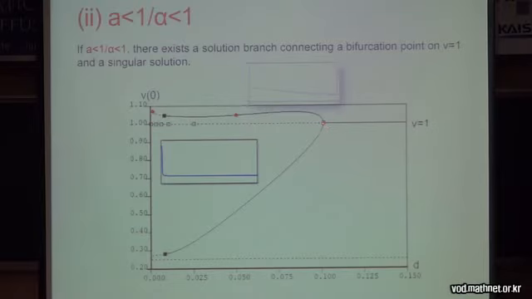The bifurcating solution is stable. But at this point, Hopf bifurcation occurs, then this solution becomes unstable and connects to the singular solution. Profile of singular solution is like this. Almost everywhere is A, and at a boundary, some boundary layer appears. And in this case, D is equal to 0.05. The profile is like this.